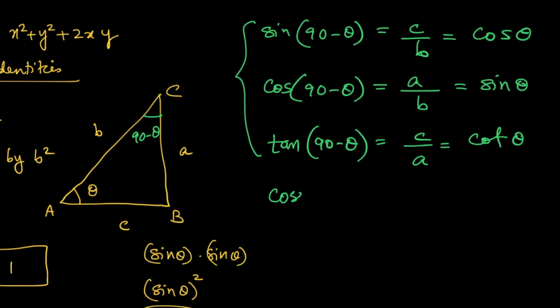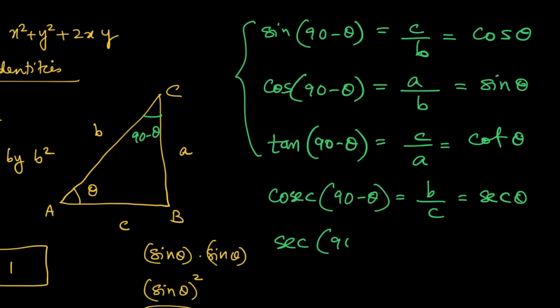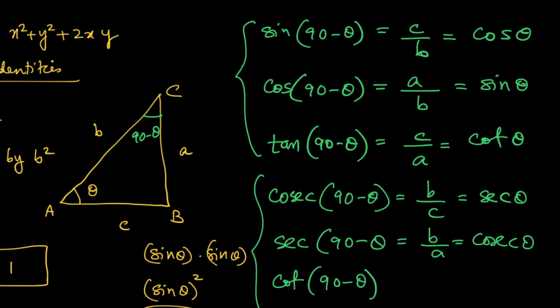So cosec of 90 minus theta is going to be b by c, and that will be sec theta, and sec of 90 minus theta is going to be b by a, which is cosec theta, and cot of 90 minus theta will be a by c, that will be tan theta.